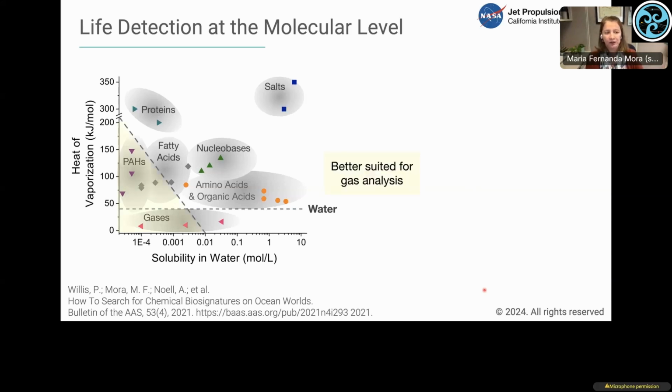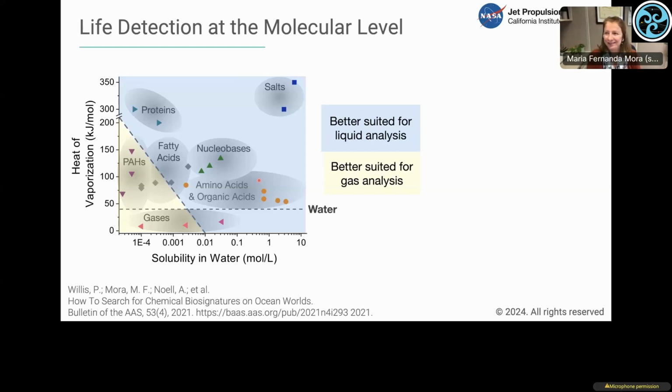The molecules that volatilize very easily and don't like water so much are better suited for gas analysis. Molecules that are more polar, like amino acids, and are very soluble in water, are very suited for liquid analysis. And I don't want to upset anybody.